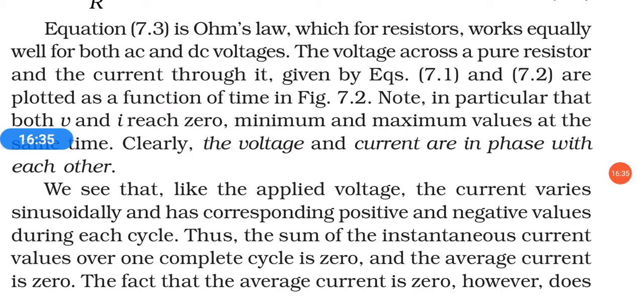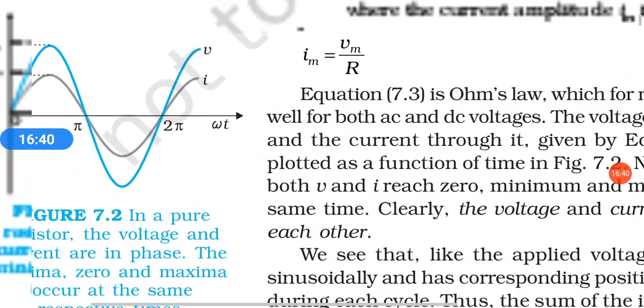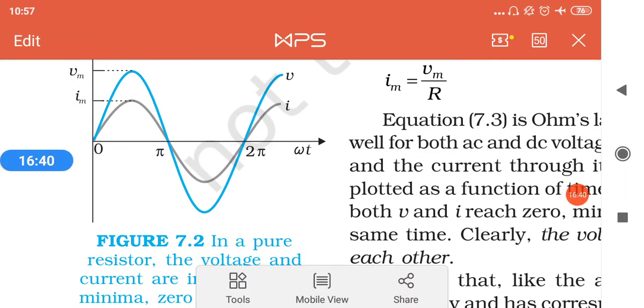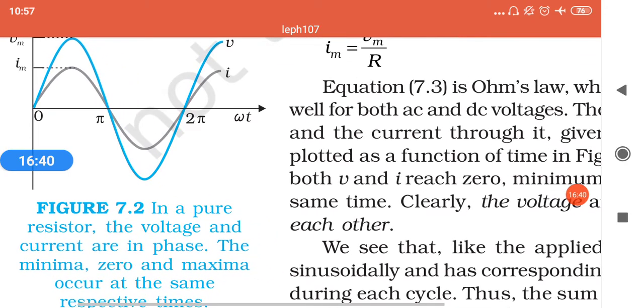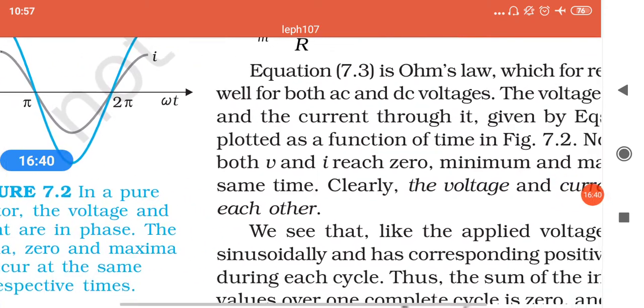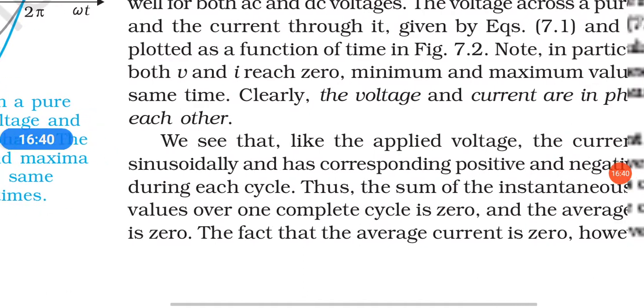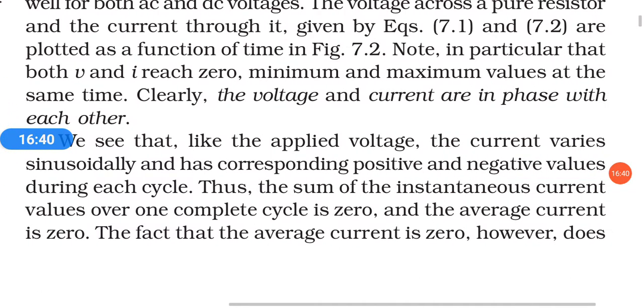The positive cycle behaves the same as the negative cycle. Here this is the positive cycle and this one is the negative cycle: 0 to pi is positive and pi to 2 pi is negative. So the current also varies the same way. Voltage and current are in phase with each other.